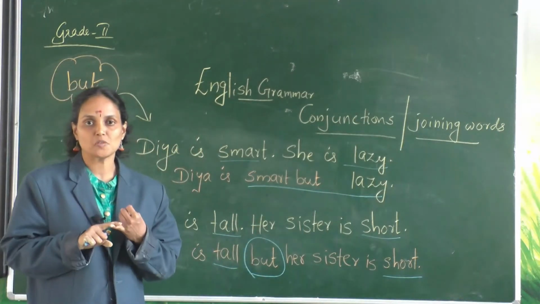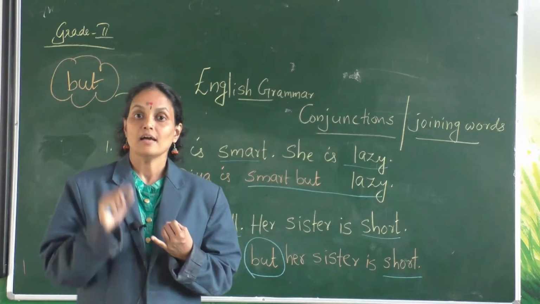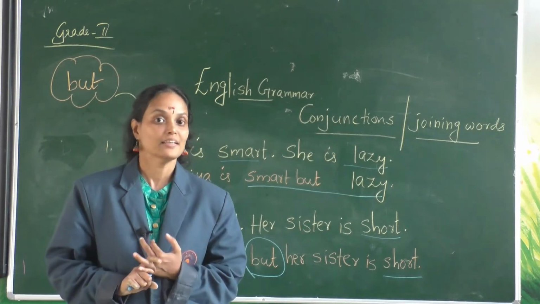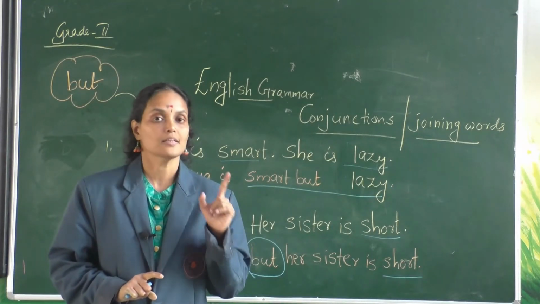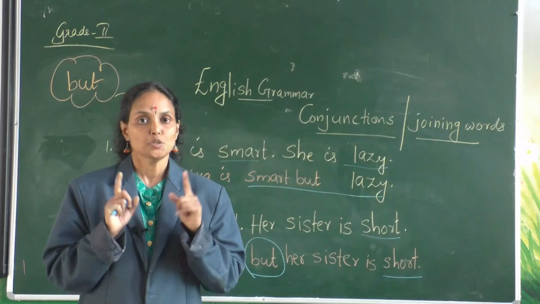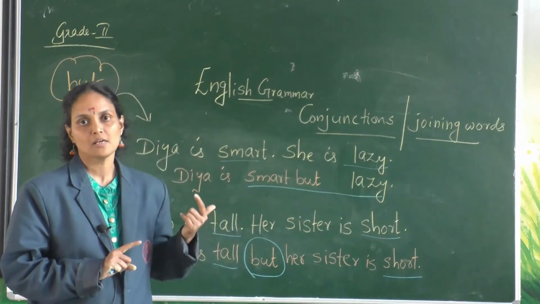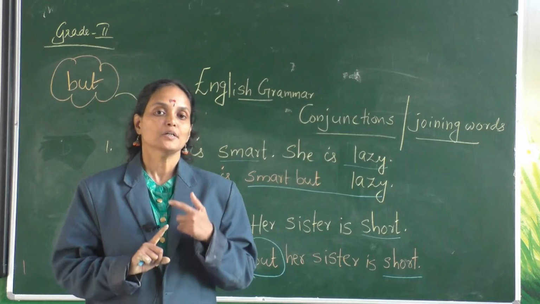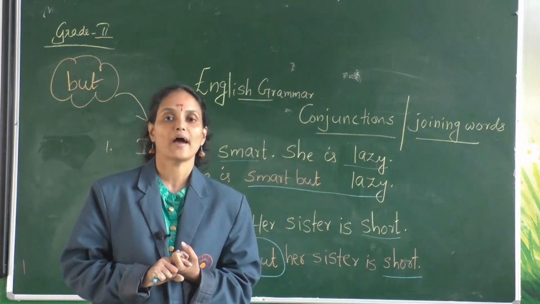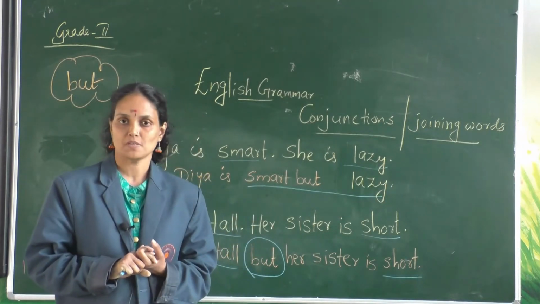These are the functions of and, but in a sentence. And is used to combine two similar meanings and words, whereas but is used to combine two opposite words or ideas or expressions.